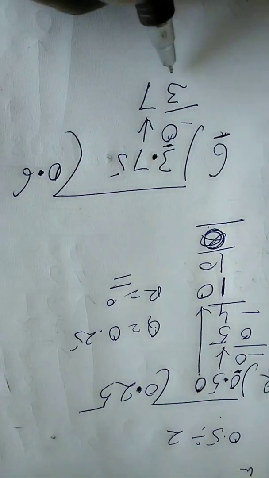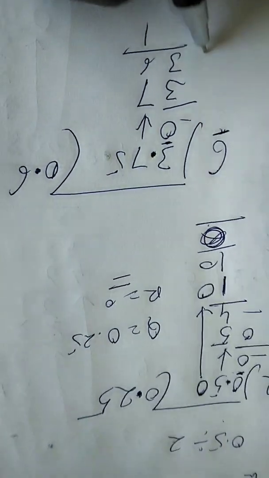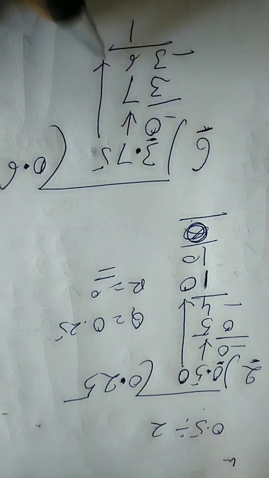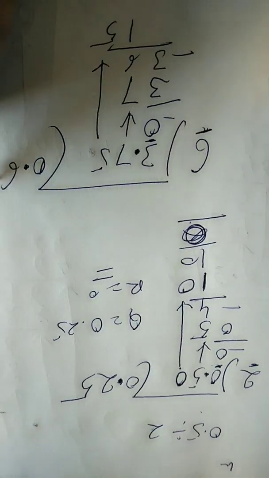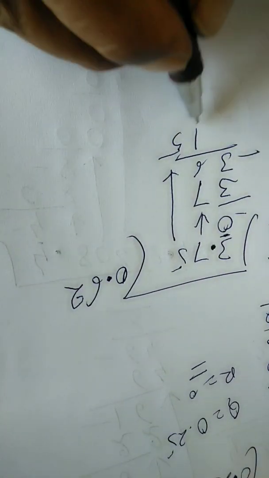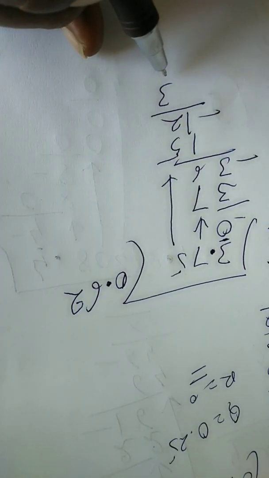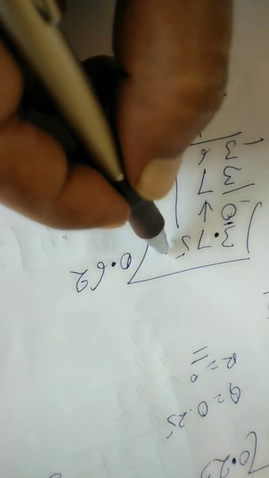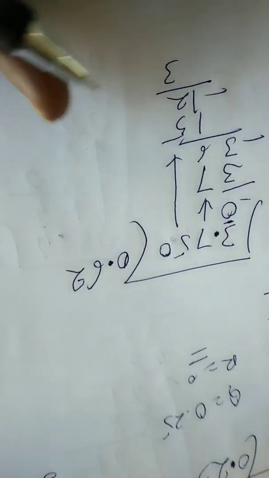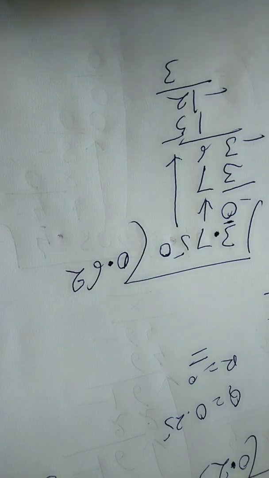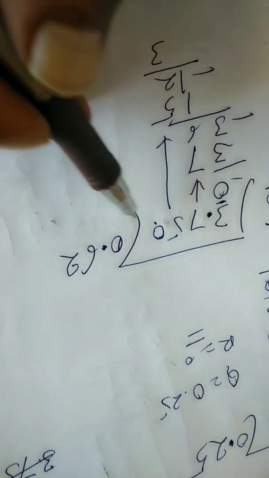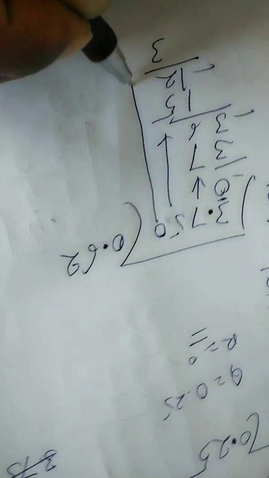Now 6 6s are the 36. 1 is left. Take the next digit 5. 6 2s are the 12. 3 is left. Now a remainder is left there, so what will you do? You will add a 0 in the dividend and down that 0.